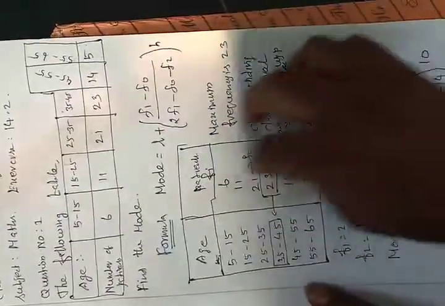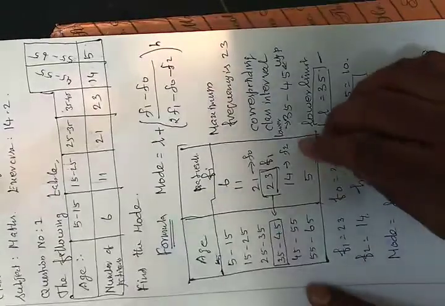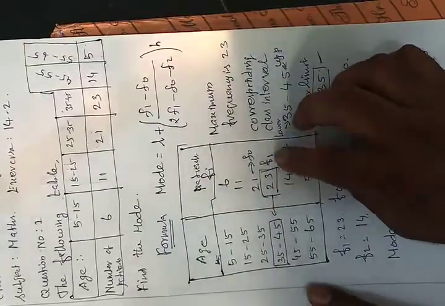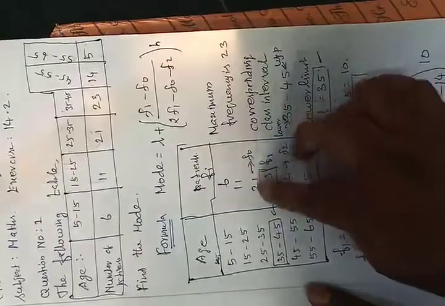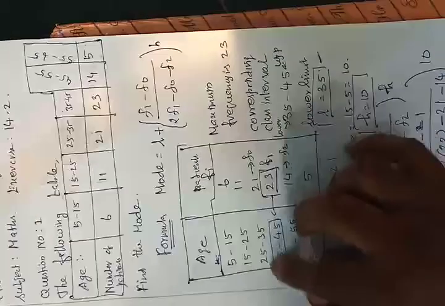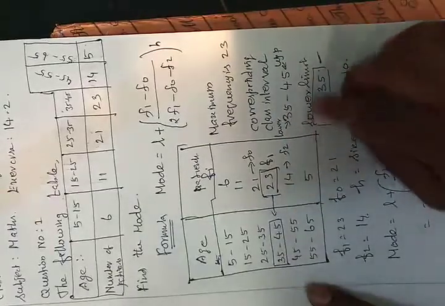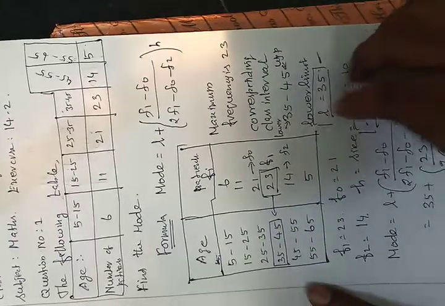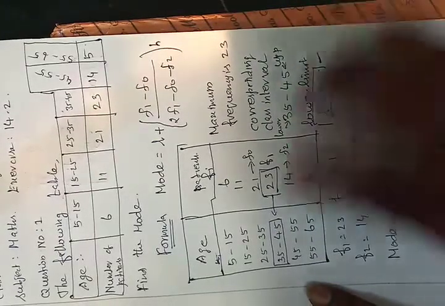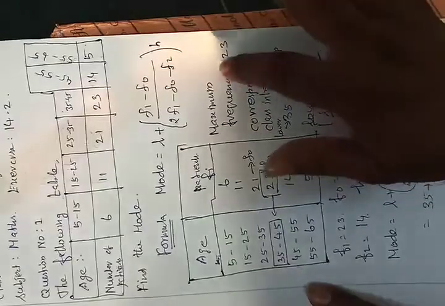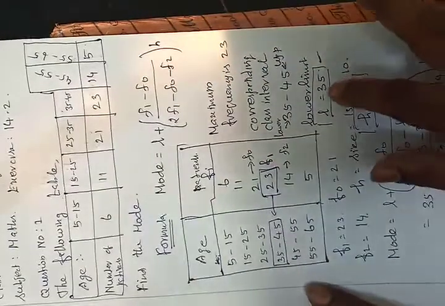Then you see the frequency, the highest frequency first, and that one you select as f1. Then the interval corresponding to the highest frequency you select. Then the lowest value you take, L is equal to 35. So understand how to find the maximum frequency and how to find L.